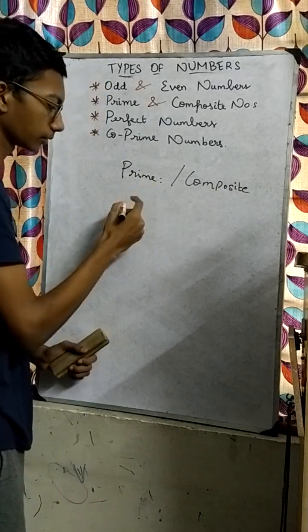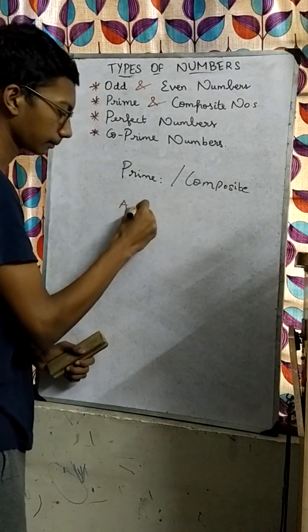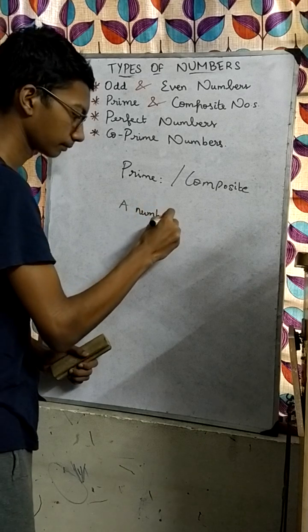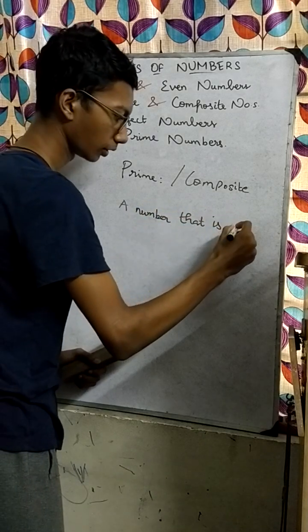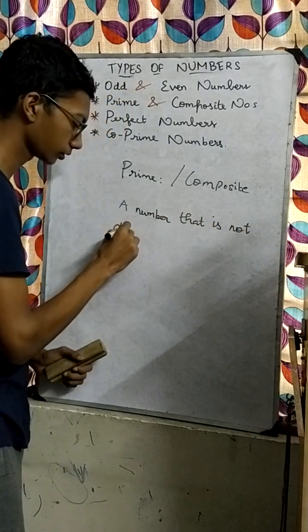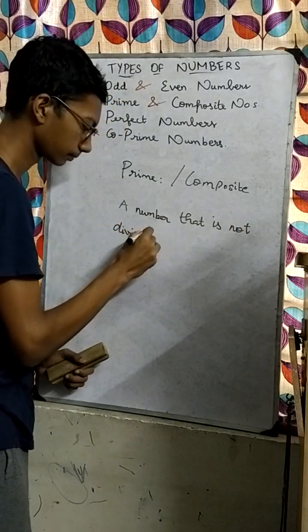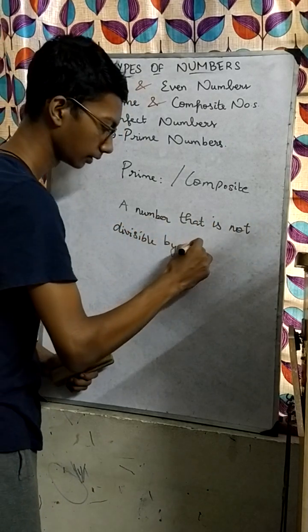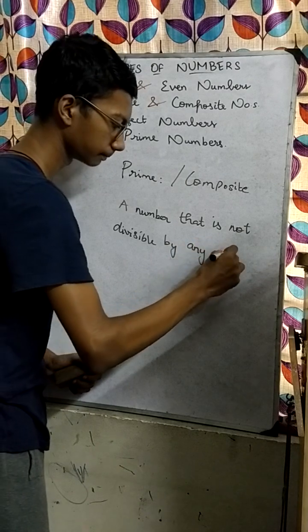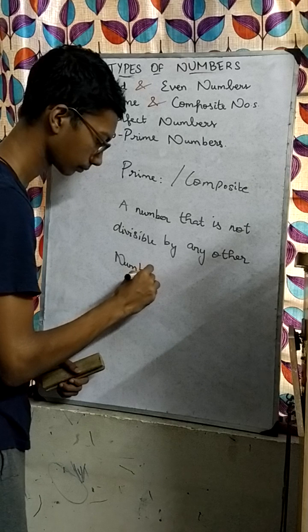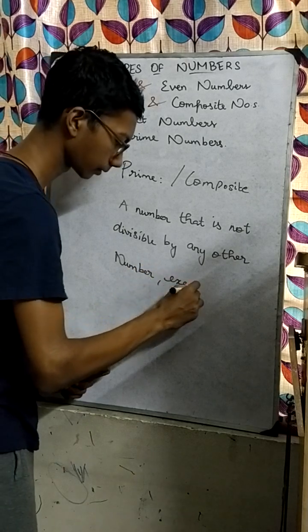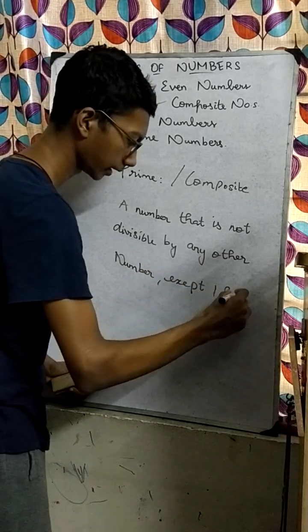A prime number is a number that is not divisible by any other number except 1 and itself.